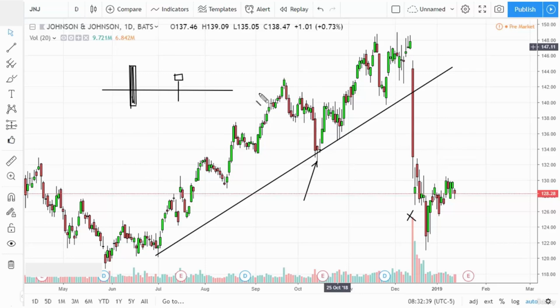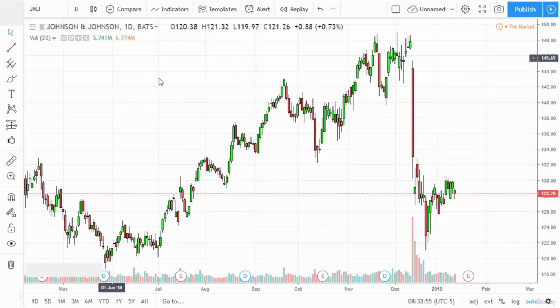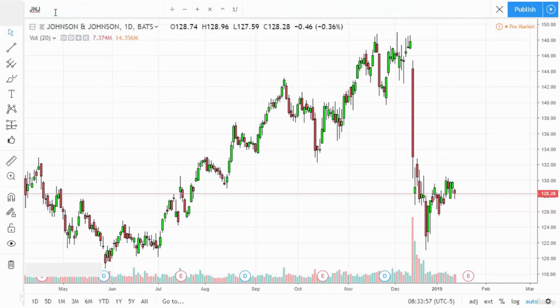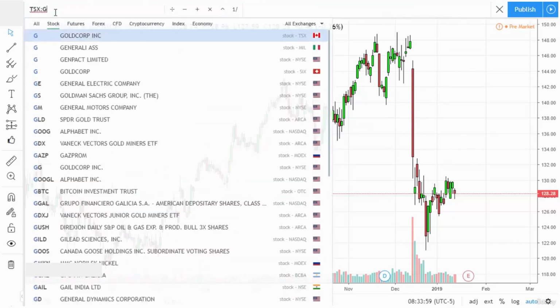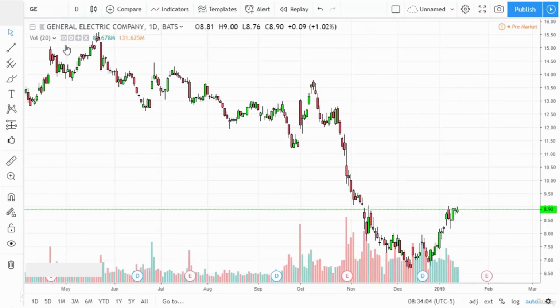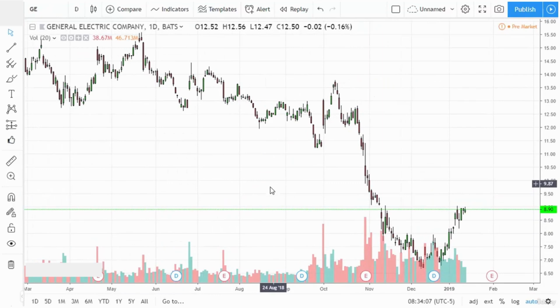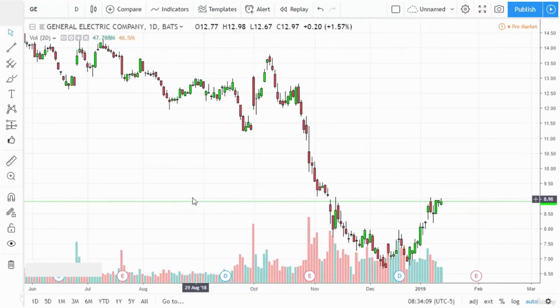So with that in mind, let's take a look at some charts here, a couple random charts. Take a look at G here. Let's see if we can find an example of support and resistance. Well, here's one that we had some support here, and we gapped lower and then tried to break above there.